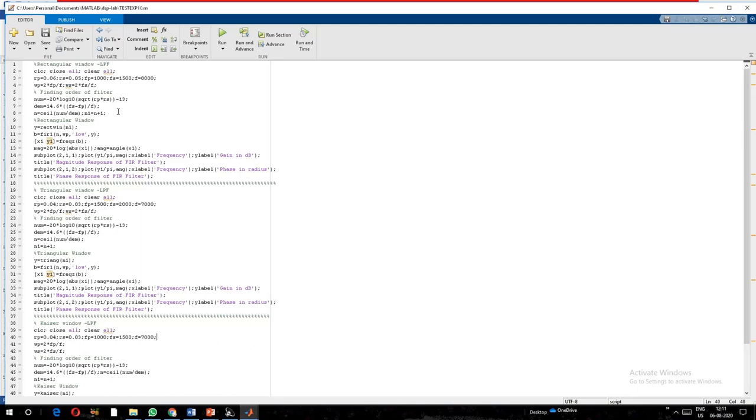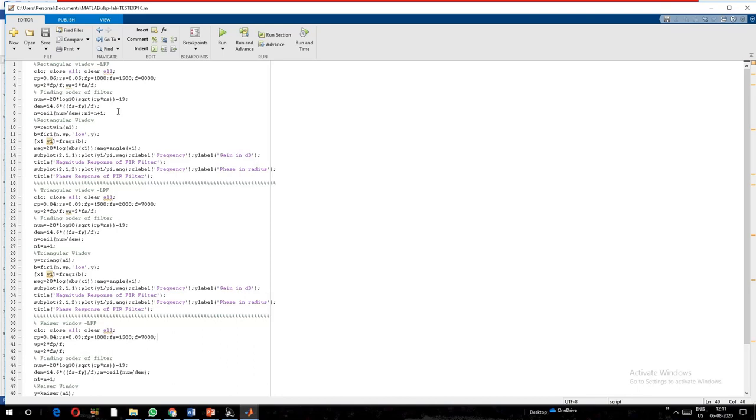To find the order, we get the numerator equal to minus 20 log 10 of square root of rp into rs, minus 13. Based upon this formula, we get the numerator value, and the denominator value will be 14.6 into fs minus fp divided by f.